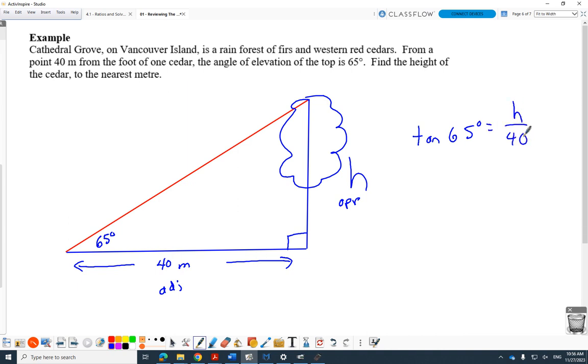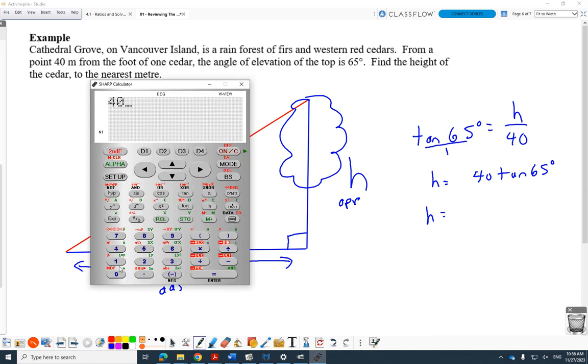The math is not easy, but it's pretty simple. All we got to do is go 40 tan 65. And I've cleverly switched sides there. If that bothers you, what I really did was I thought of tan 65 as over 1, and I cross-multiplied it. And then I type it in my calculator, 40 tan 65.